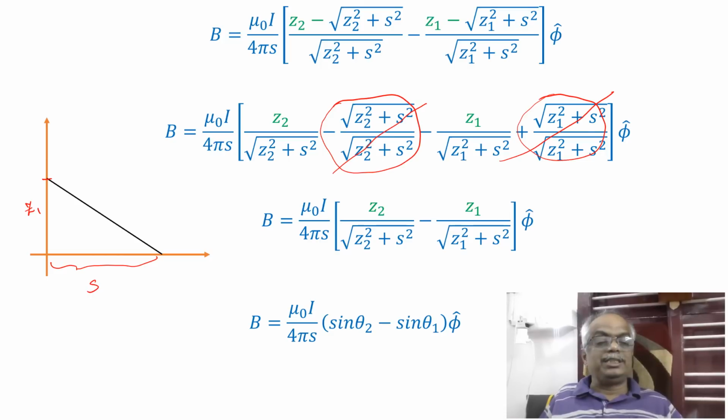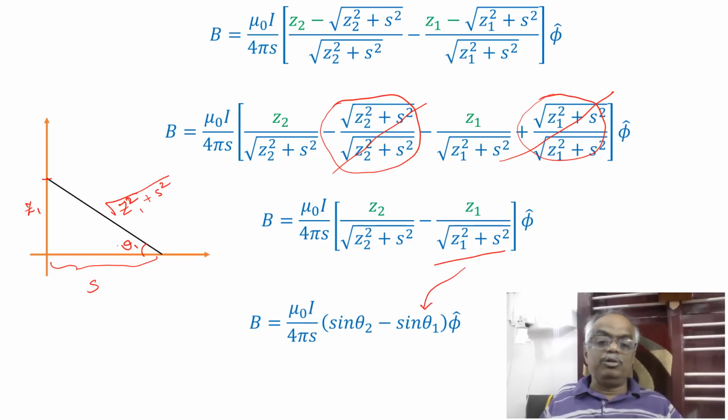So naturally, this distance is square root of Z1 squared plus S squared. So let us say this is theta 1. By definition, what is theta 1? Sine theta 1 is equal to the opposite side to hypotenuse, that is Z1 divided by square root of Z1 squared plus S squared. So this is equal to sine theta 1. The second term is sine theta 1.